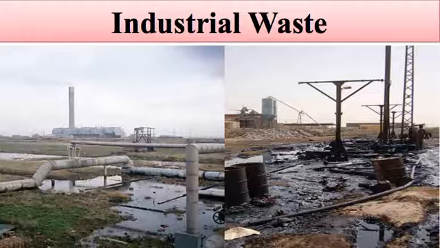So, according to an estimate for the US, it goes as high as 7.6 billion tons of industrial waste produced every year. Most countries have enacted legislation to deal with the problem of industrial waste, but the strictness and the compliance regimes vary. So, the enforcement is always an issue.